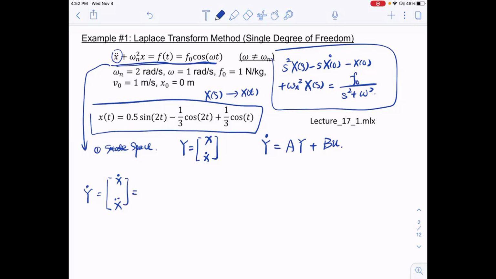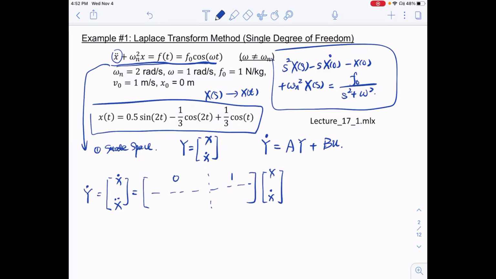The next step is we need to use state variables to describe your y dot. Luckily, your x dot is directly one state variable. So if we put it as x and x dot, it's just 0 and 1, right?